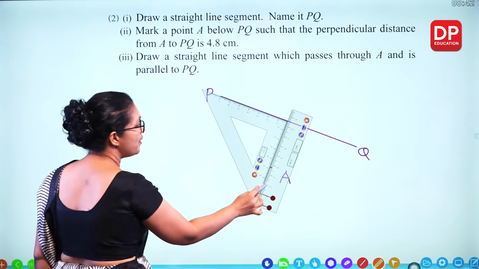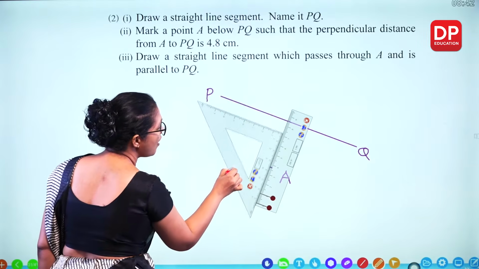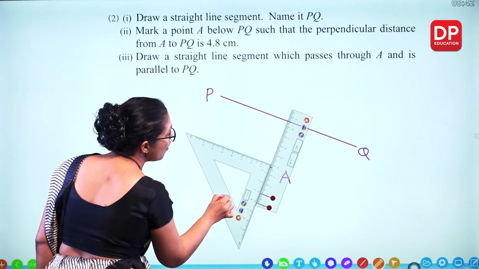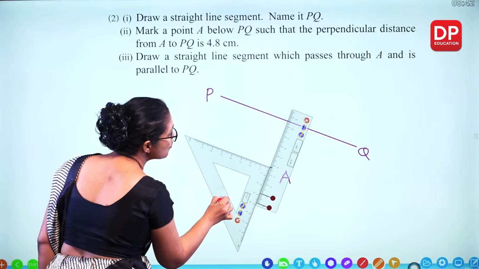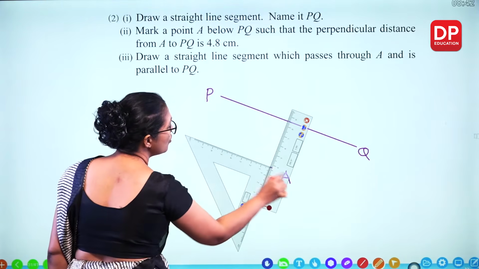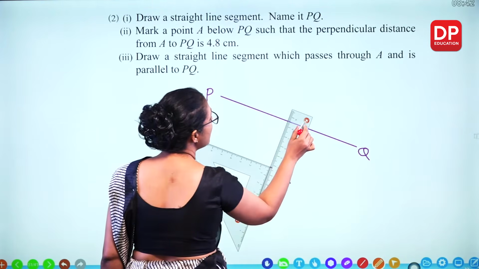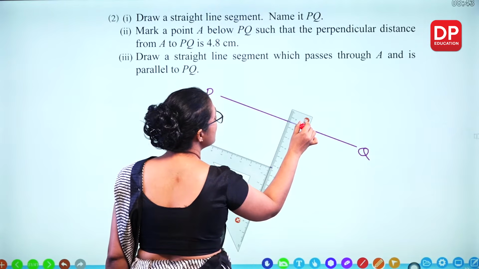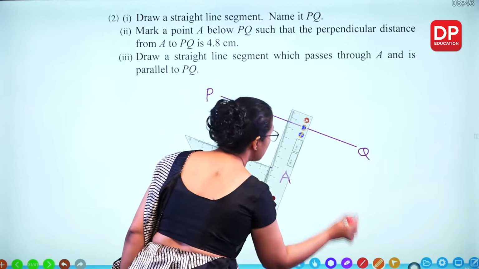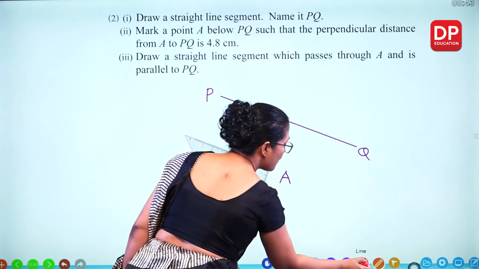And you have to hold it tightly and then drag the set square down so that the line passes through A. Now you can remove this or you can keep it like that and draw the line.